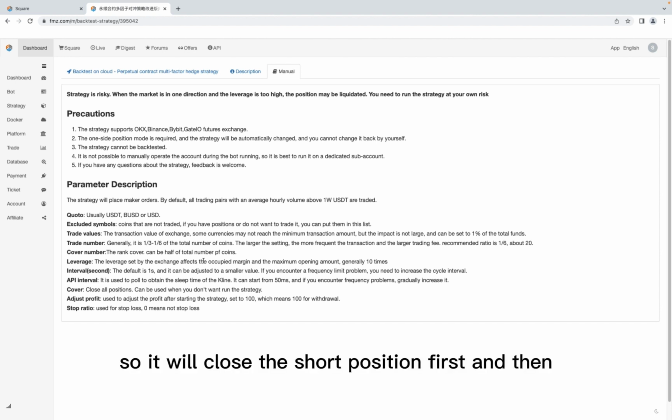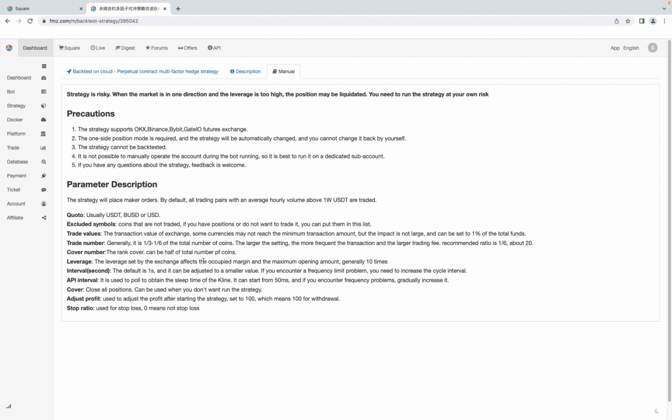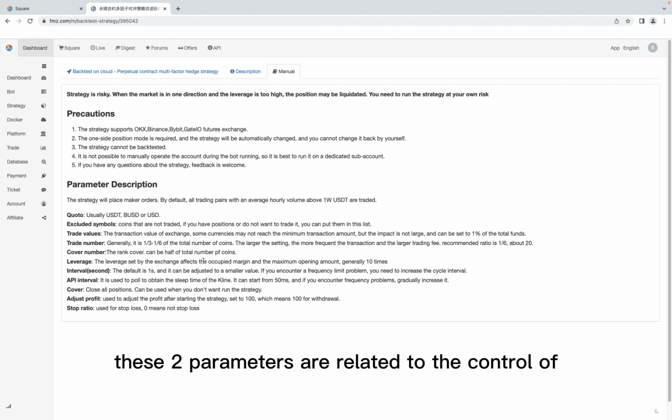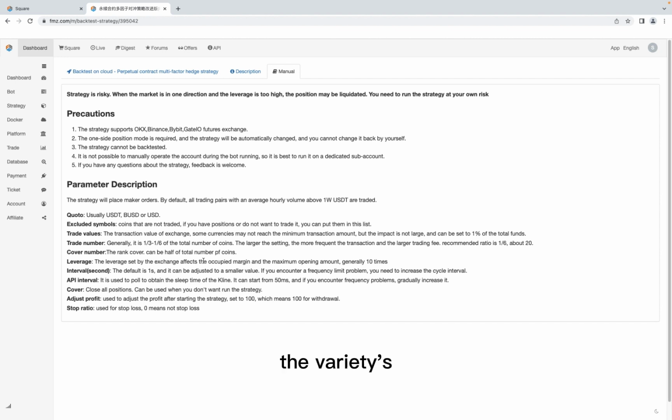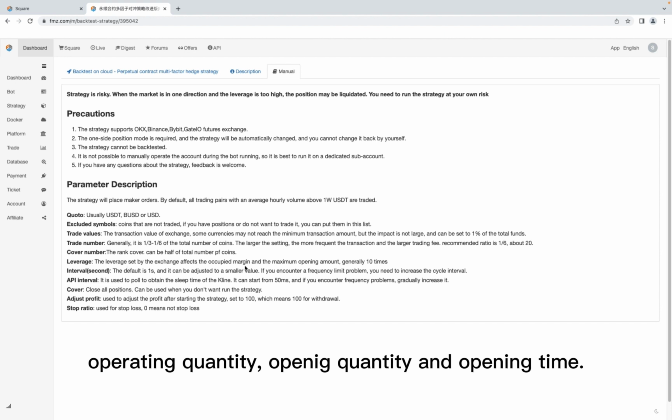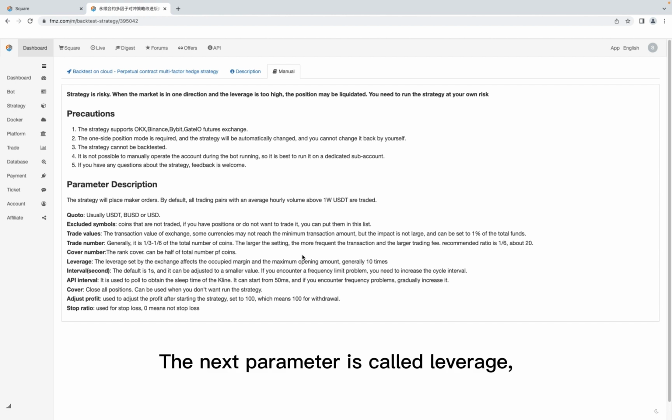So it will close the short position first and then open the long position within the range of 1 to 20. So it is such a mechanism. What is more important about the trade number and cover number is that these two parameters are related to the control of the varieties opening quantity and opening time.